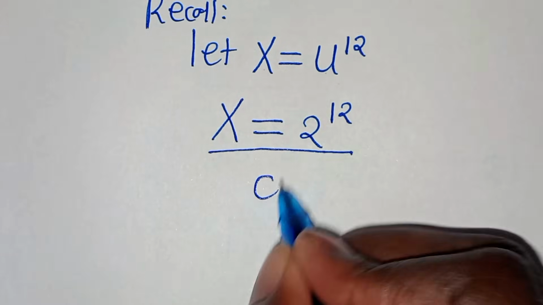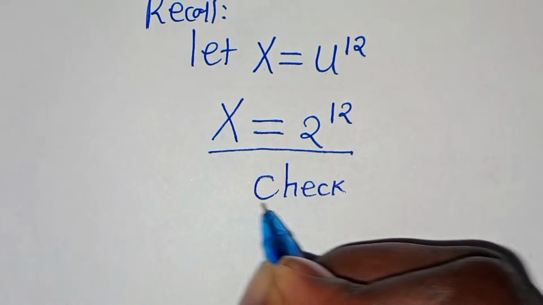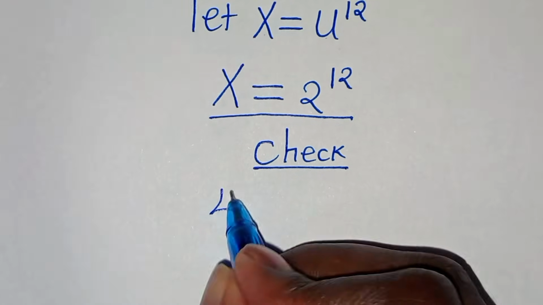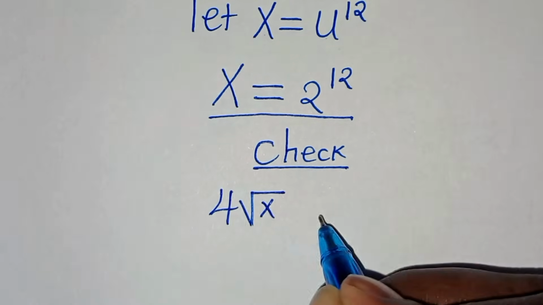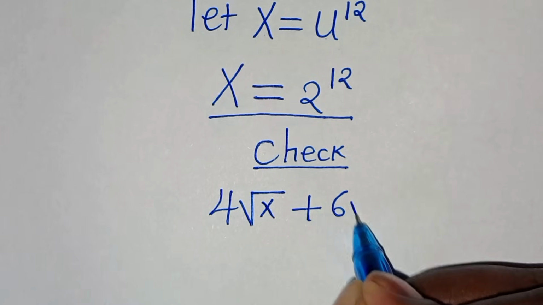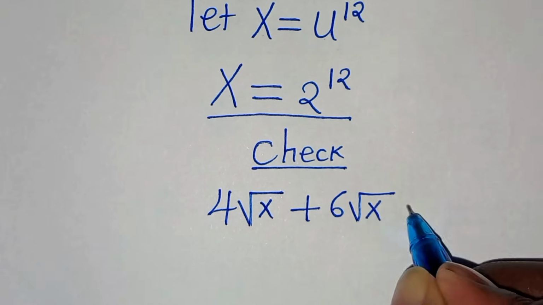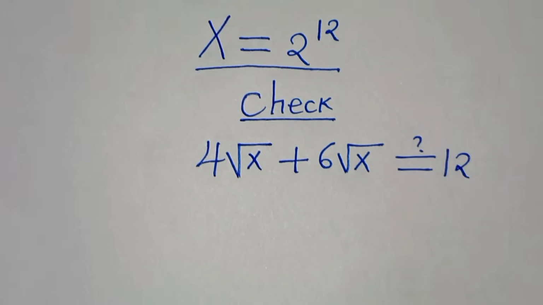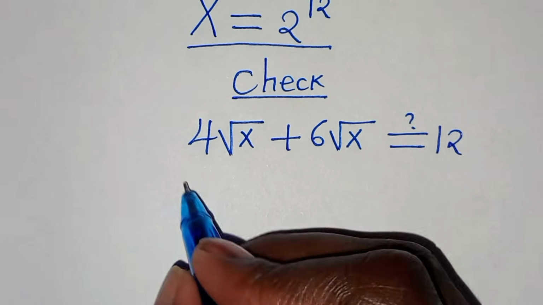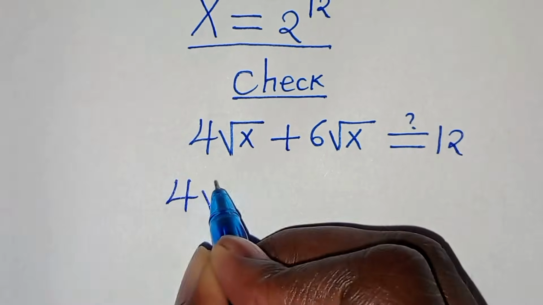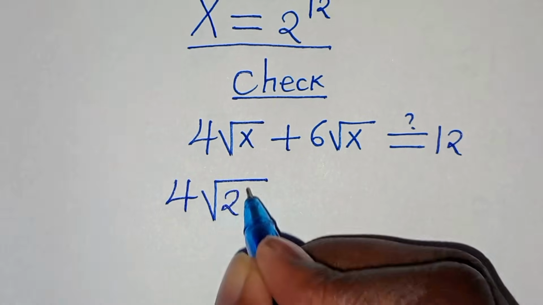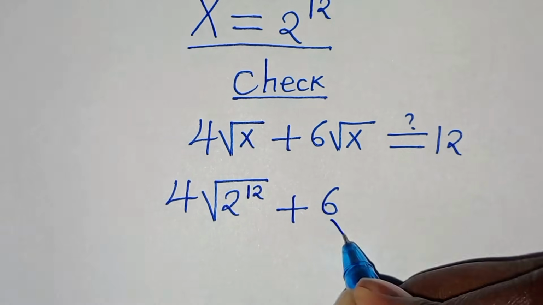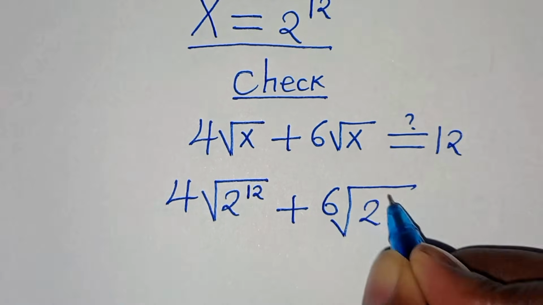Now, let's check if this value of x here satisfies the equation. If you recall, we have that the fourth root of x plus the sixth root of x is supposed to give us a value of 12. Now, let's substitute x, so that we have the fourth root of 2 to the power of 12, plus the sixth root of 2 to the power of 12.